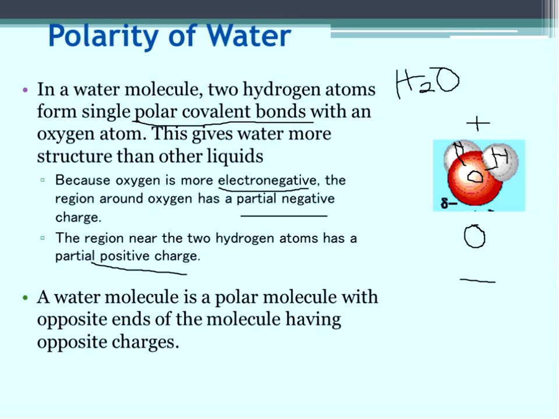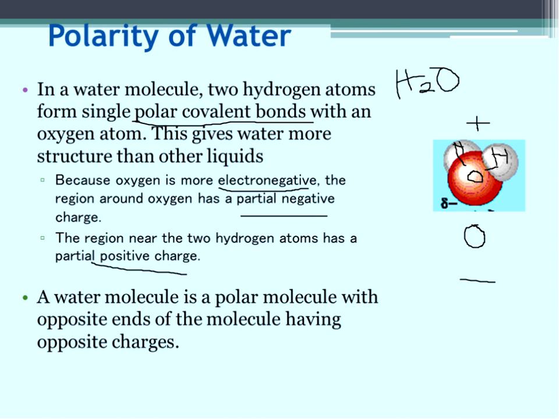First of all, water is H2O, and it has polar covalent bonds with two hydrogens linking up with the oxygen. And it looks like Mickey Mouse ears. The hydrogens are positive, so that's the positive area of water, and near the oxygen is negative.